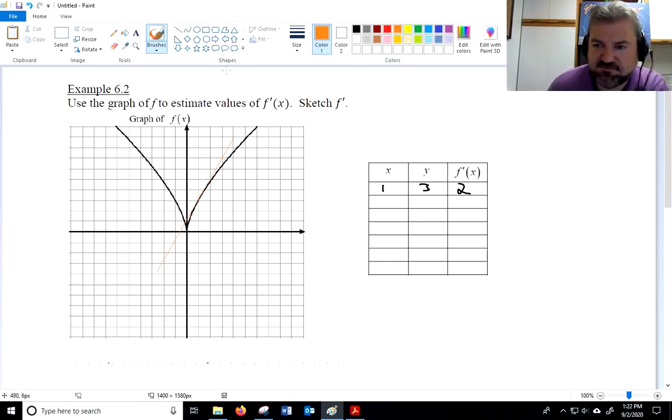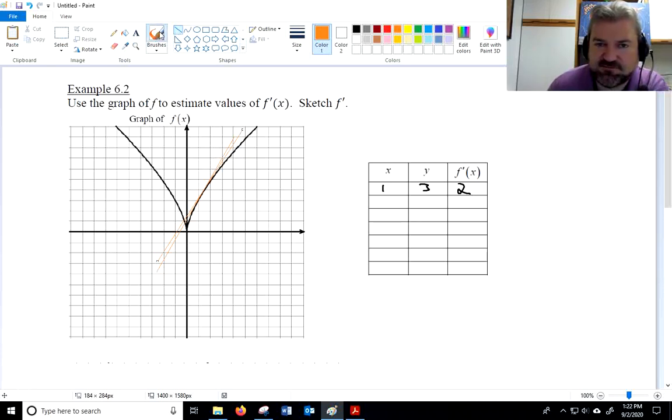All right, let's try another one. Let's try at x. Where's a nice lattice point? Kind of, not really very many of them. Let's try this one here. Okay, so that point there is like up 1, 2, 3 over 2.